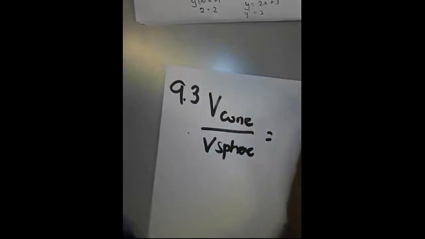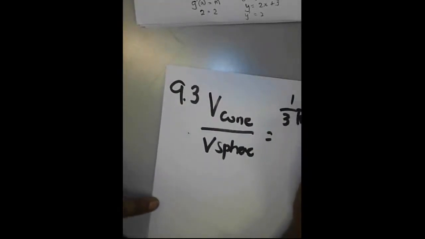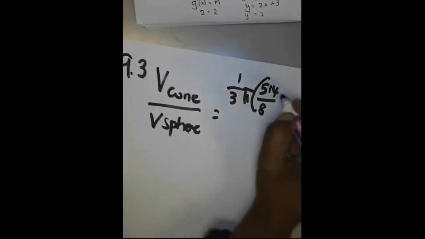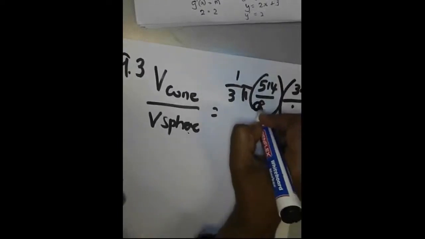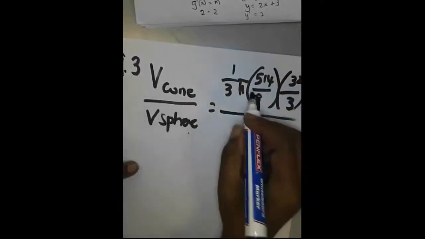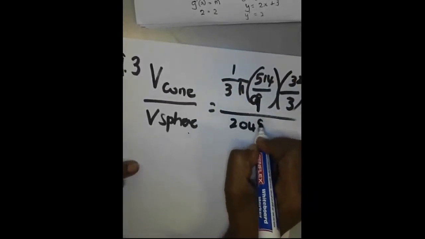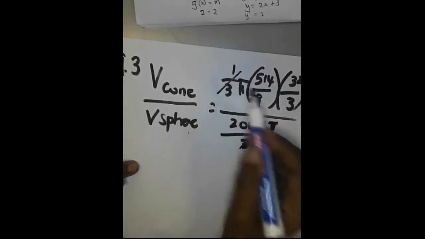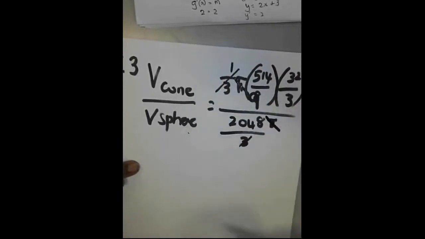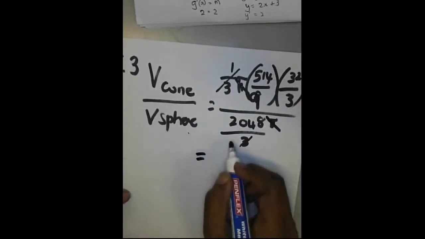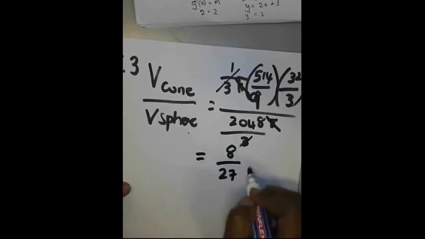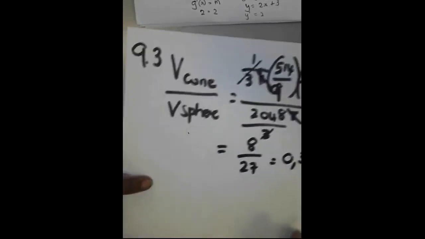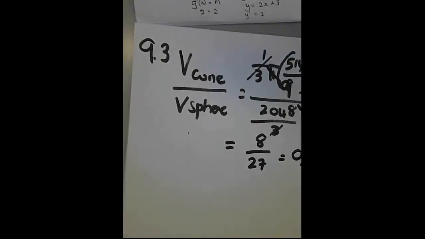The volume of the cone is 1/3 pi. You had to substitute your x, that was 8/3, into your formula. That's where I got this from. This is over 3, divided by 2048 pi over 3. The thirds had to cancel, the pi's had to cancel. And then you just use your calculator, and it gave you 0.3.